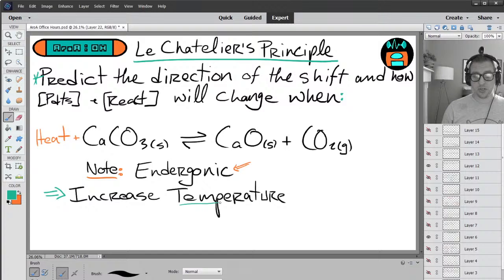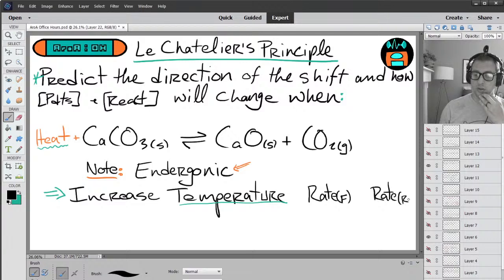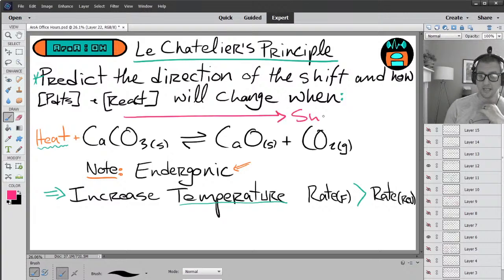So an increase in temperature is the same as adding a reactant, because heat is like an invisible reactant in this reaction. So an increase in temperature means that we're adding more heat, which is on the reactant side. That means the rate of our forward reaction will be temporarily larger than the rate of the reverse. If the forward reaction is faster, we're going to experience a shift to the right.